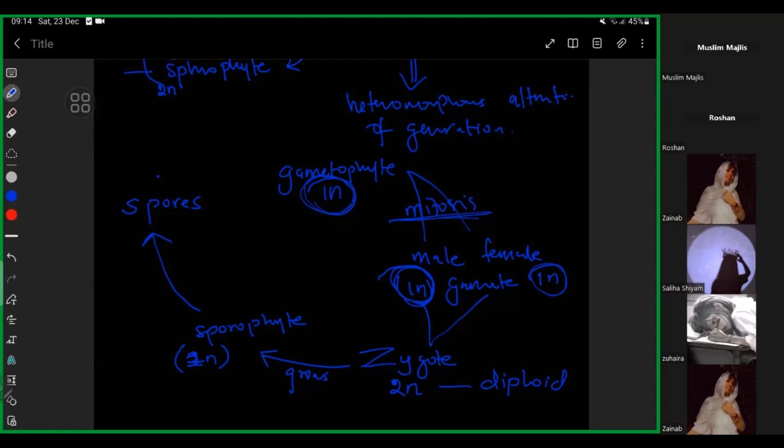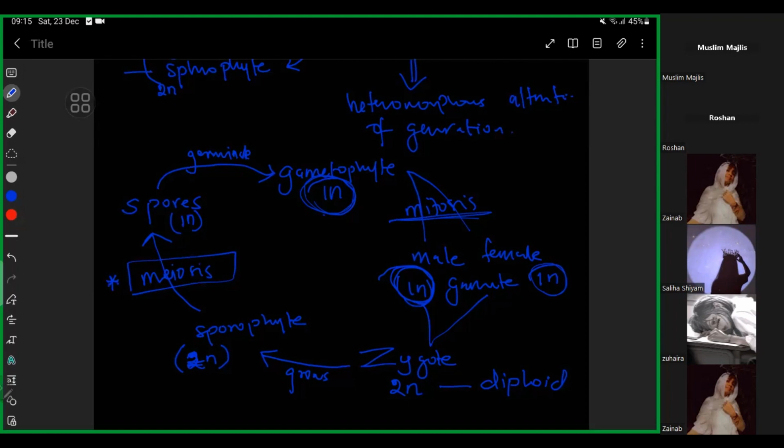The spores germinate and form the gametophyte. So this one is germinating, which means it is going to be a gametophyte, which is haploid. Then what sort of division would happen here? It is meiosis, right? The two sets of DNA reduce to one set. That means meiosis.